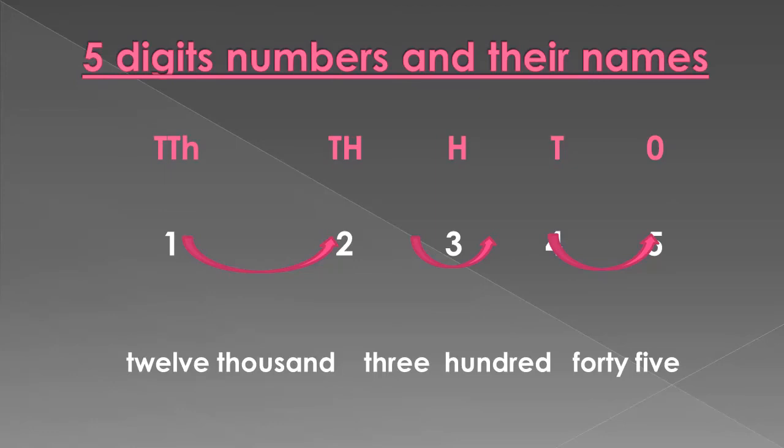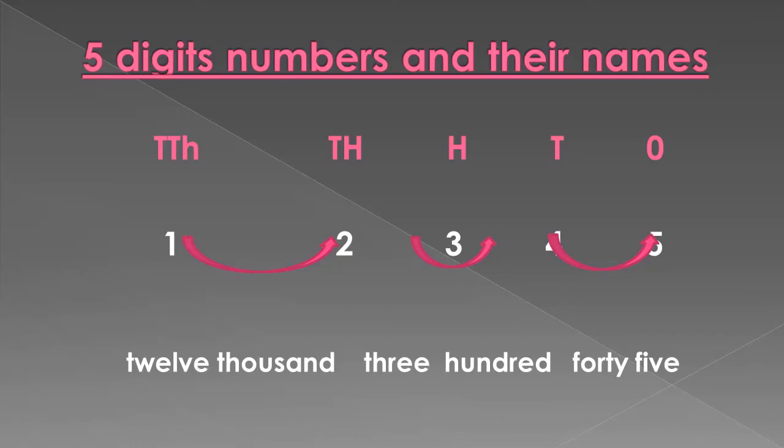Let us see. We know that while naming or writing a 5-digit number in words, we divide the number into 3 parts. So this is the first part, the thousand place, and this is the second part, the hundreds, and this is the third part, the tens and ones place. Taken together, the number name has 3 parts.